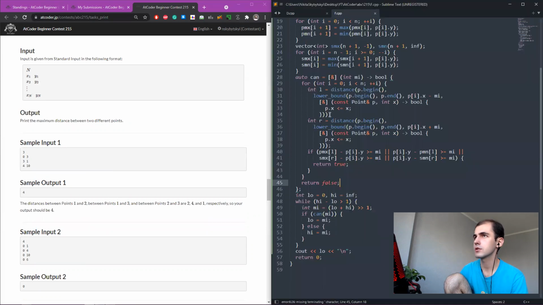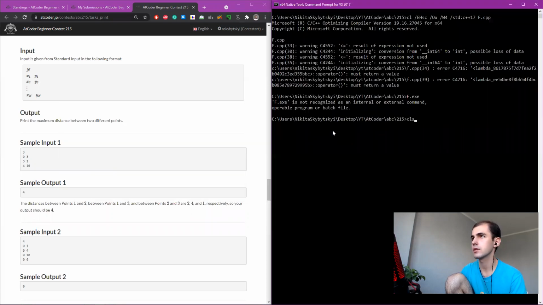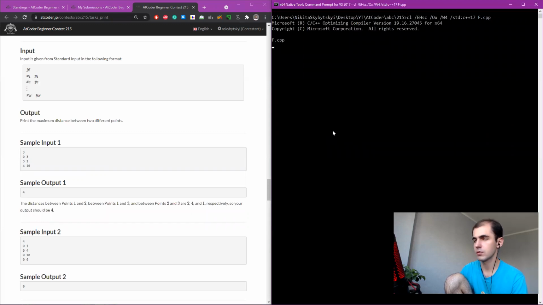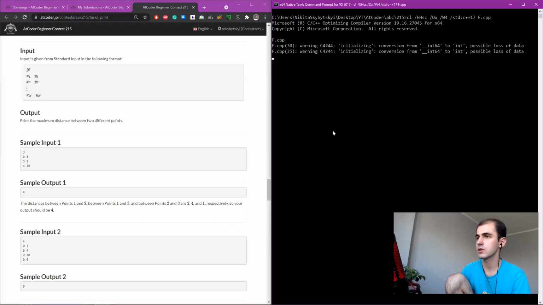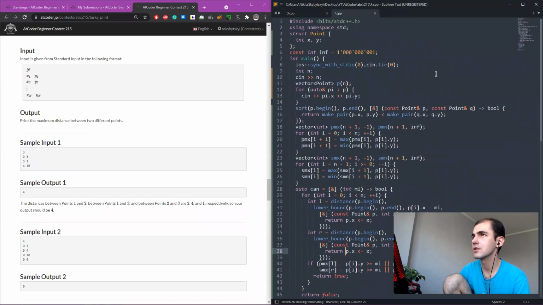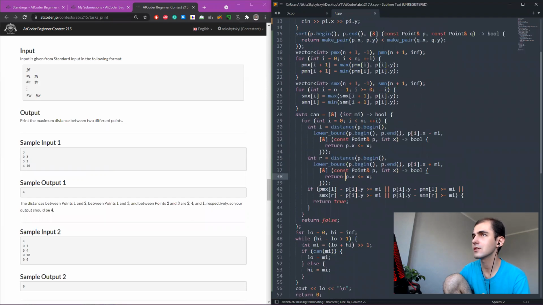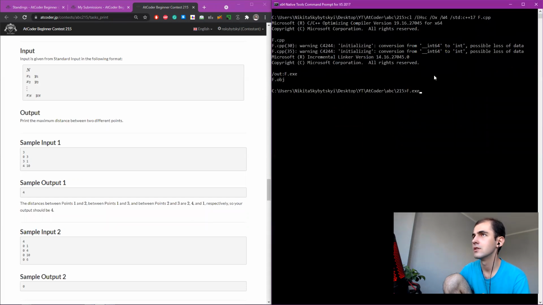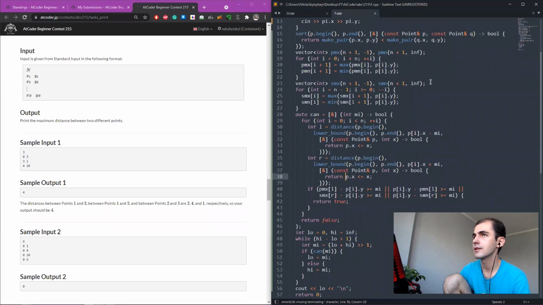Result of the expression is not used. That is a very good catch. I got used to Python lambda functions recently. Oh no, rather, where is the conversion? Line 30.